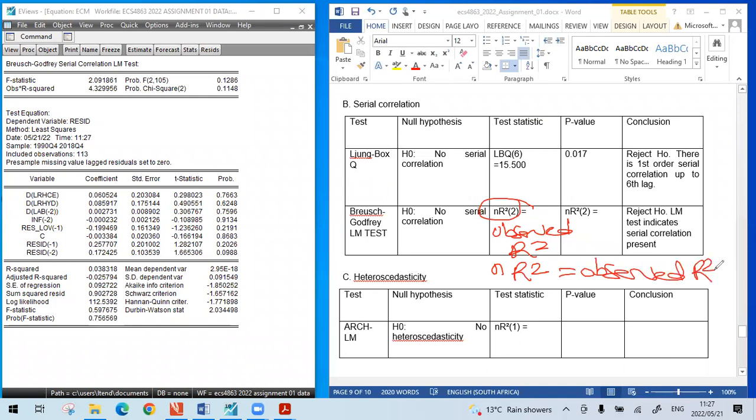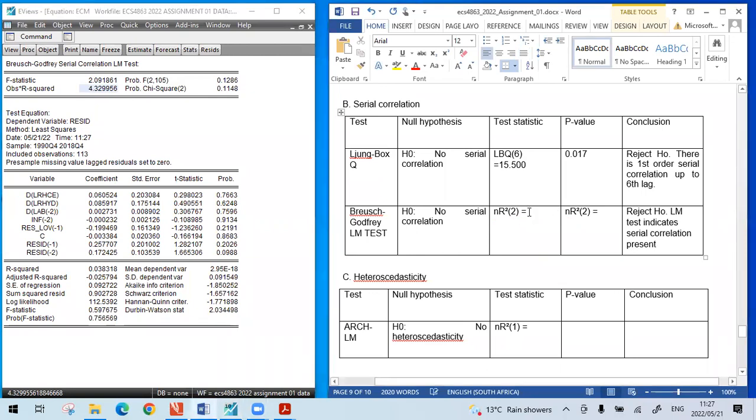So going to our EViews, let's look for the observed R squared. This is actually the test statistic, and this is the probability. So we are going to take this, that's the observed R squared. Then we are going to take the probability.